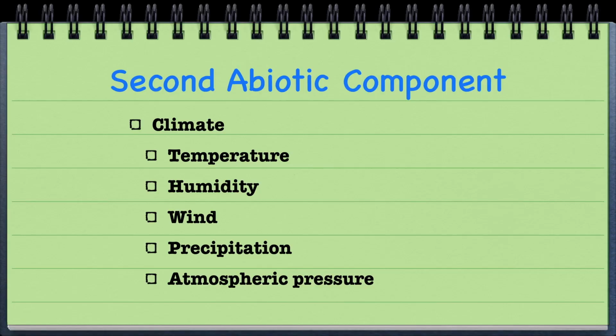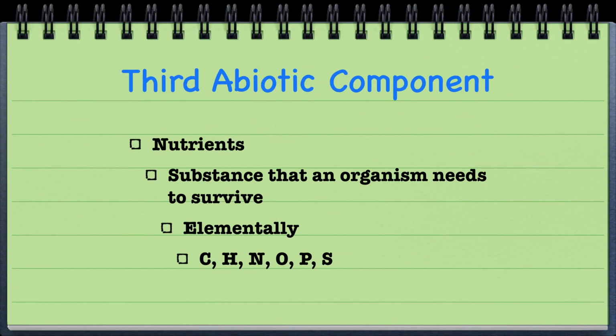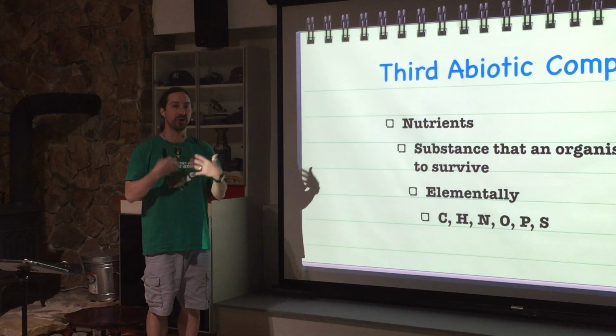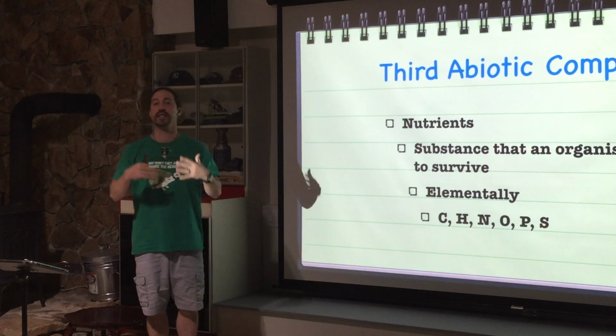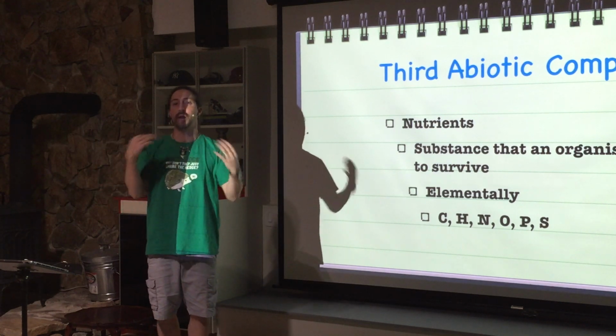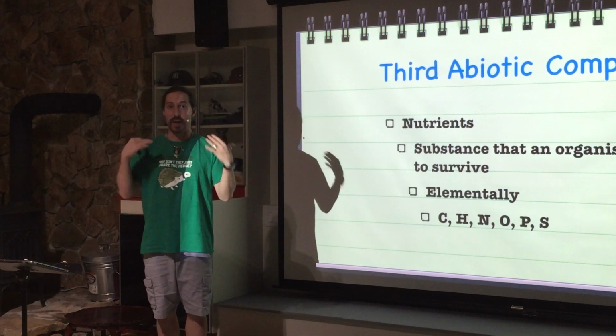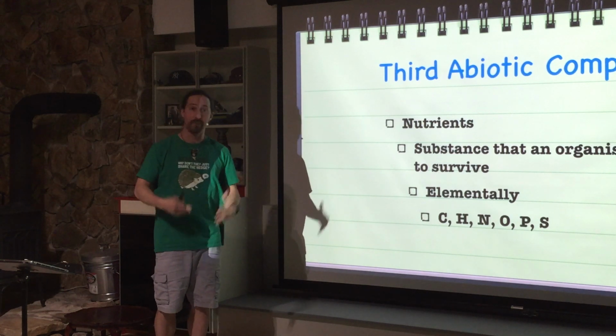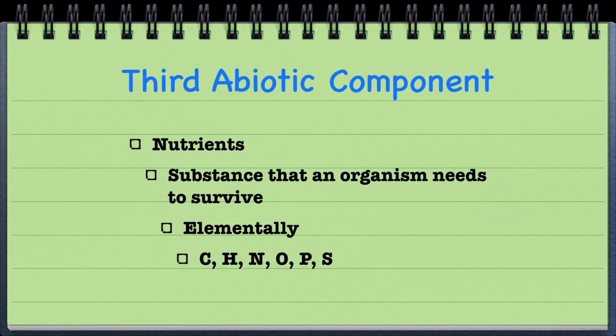As well as the third main abiotic component, which is going to be nutrients, the resources that are required for an organism to survive, to be able to grow, develop, and reproduce. That is what nutrients are for. So we typically look at them in their elemental nature.